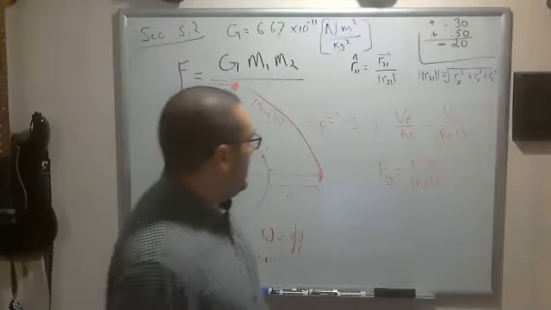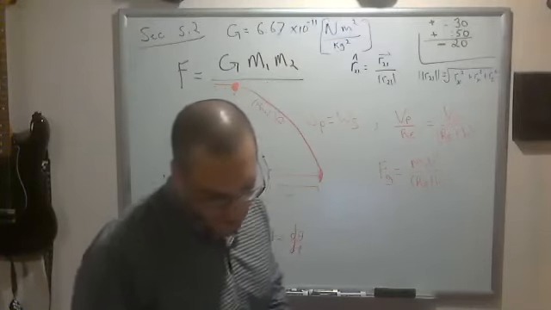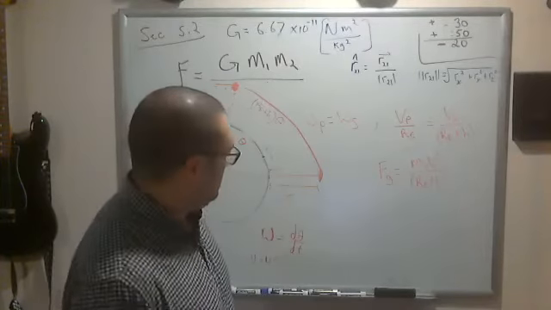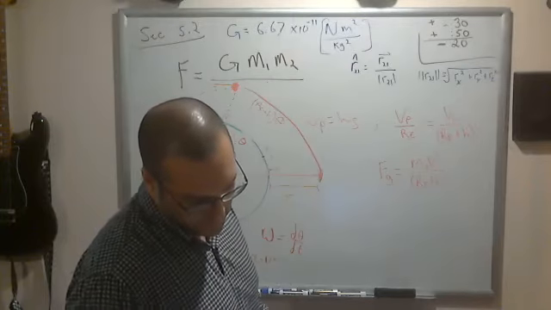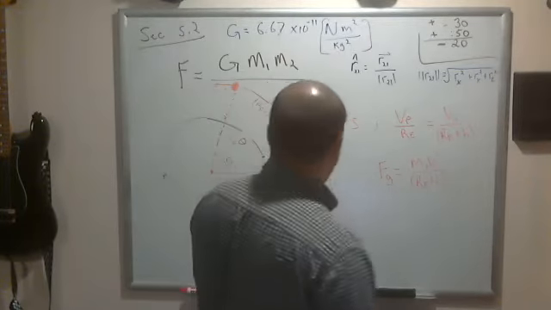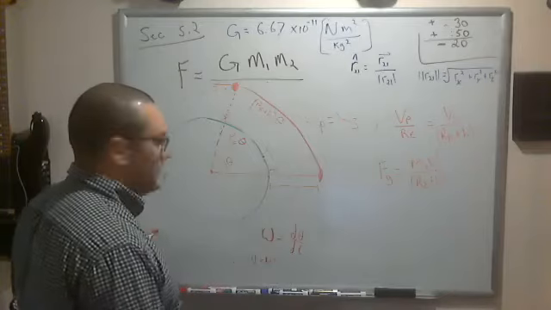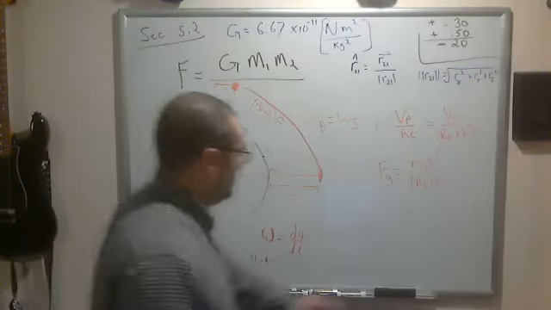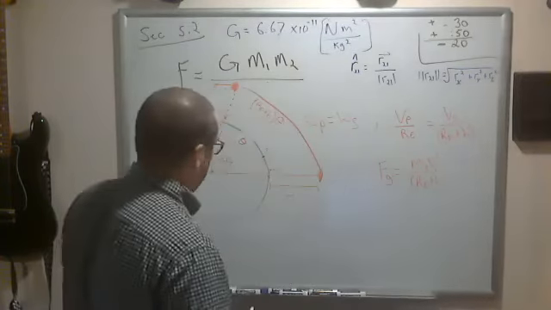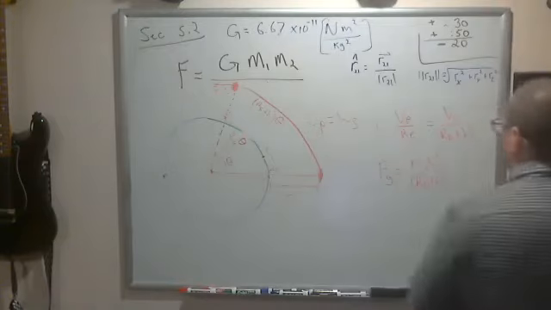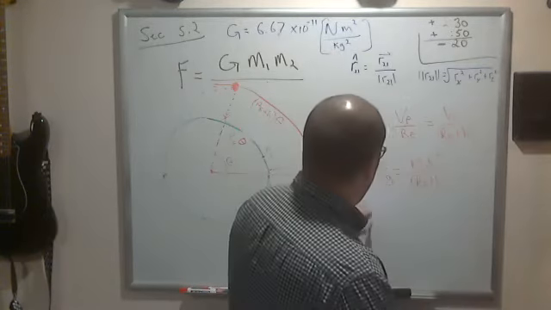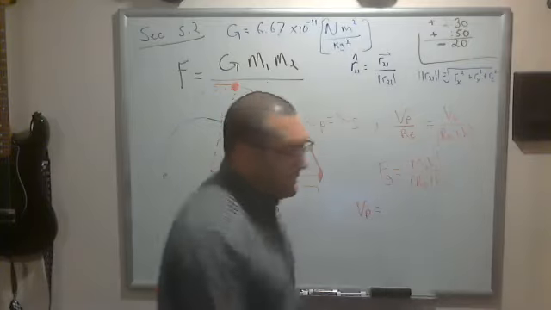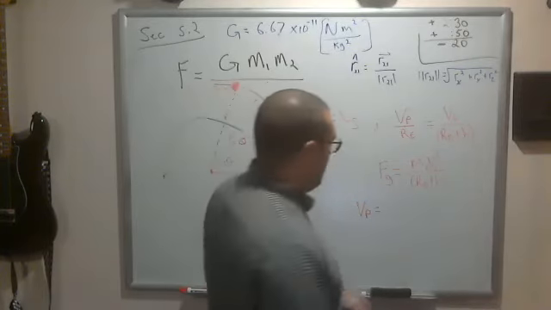So what did we say that our velocity was on Earth? So VP on Earth is just what?